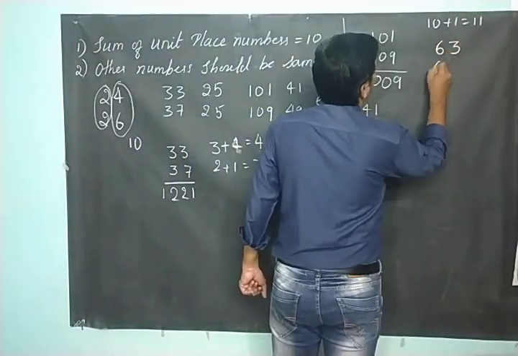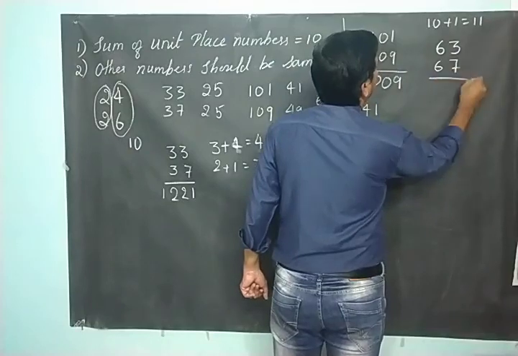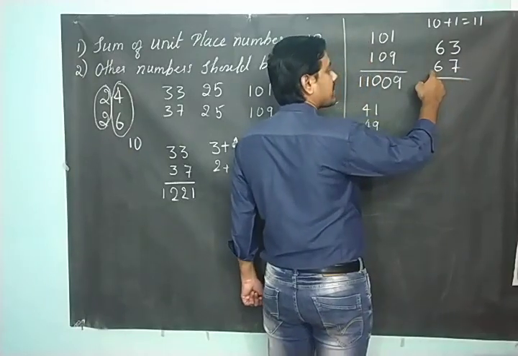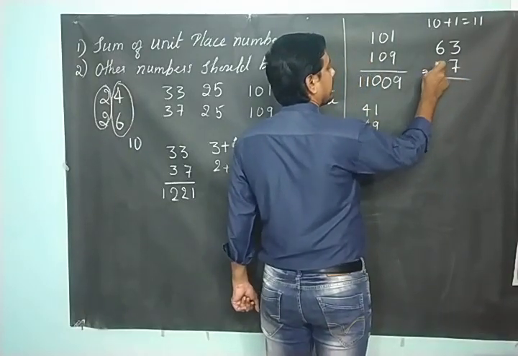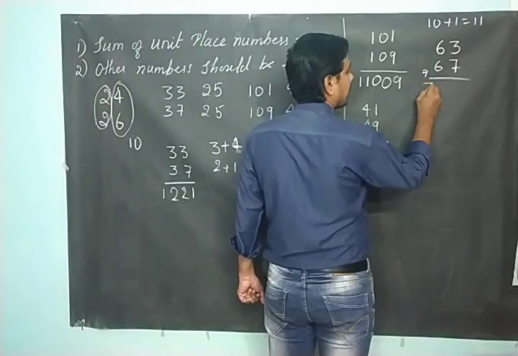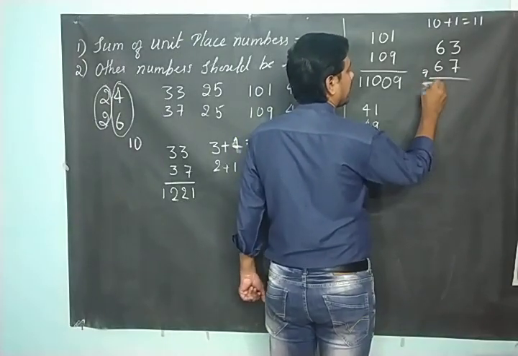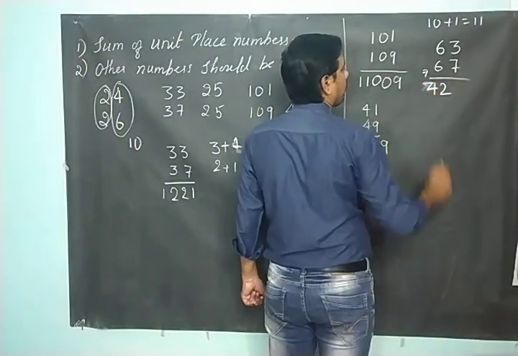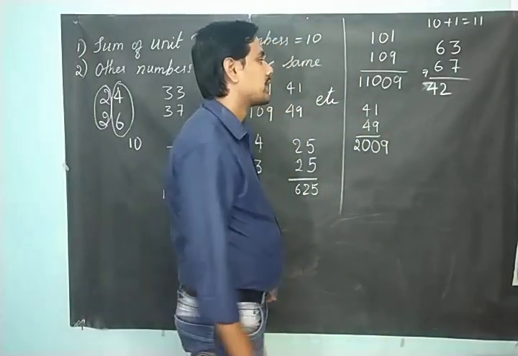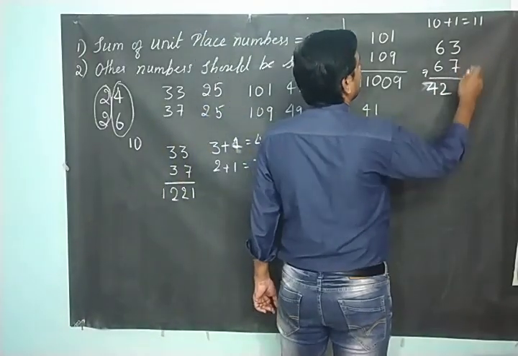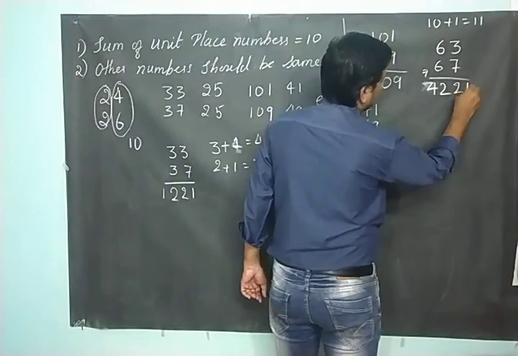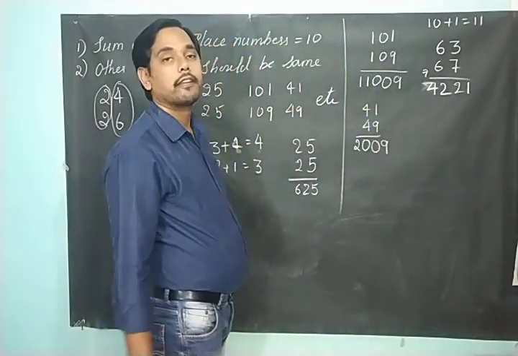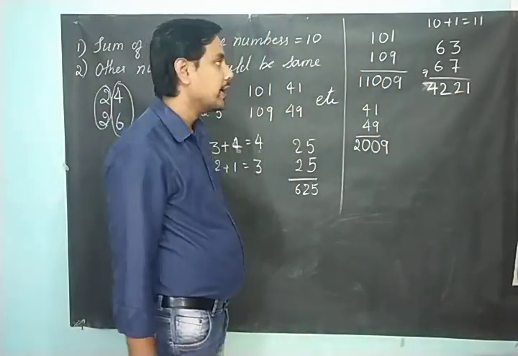So you take any other number like 63 into 67. Right? 6 plus 1 is 7. 7 into 6 is 42. 7 into 3 is 21. So the answer here will be 4221.